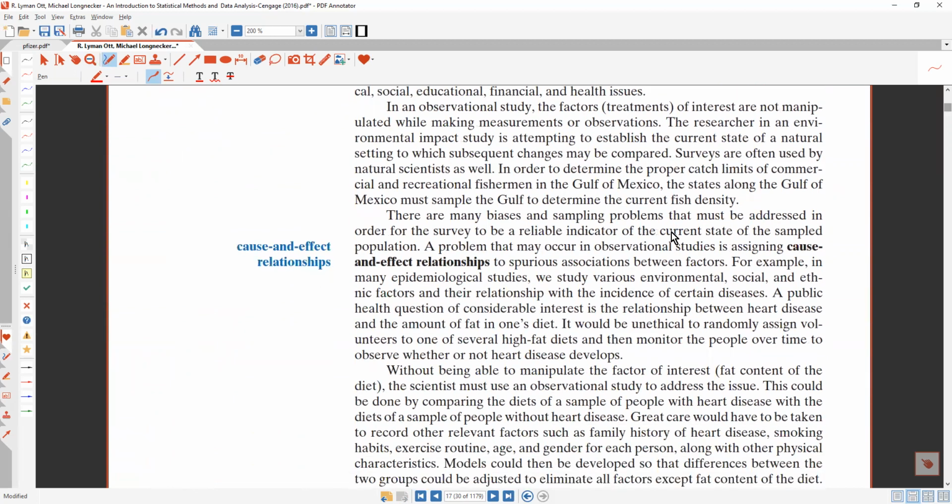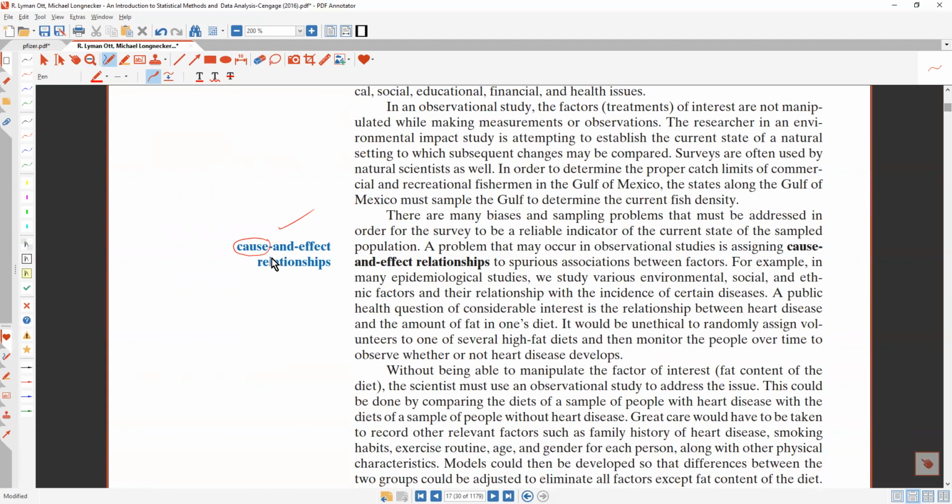One important thing to note here is that cause and effect relationships are very, very difficult to arrive at. They're so difficult that even defining what cause means is a pretty deep philosophical question that philosophers of science regularly grapple with, and they study that.